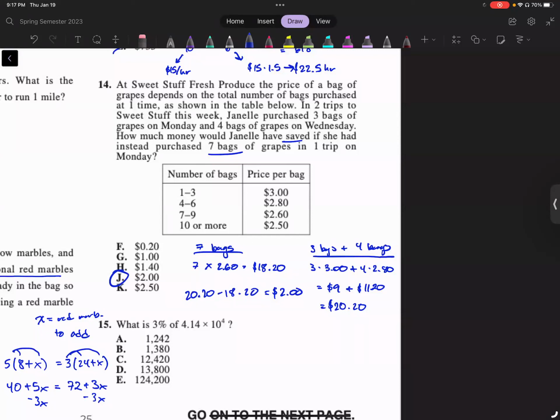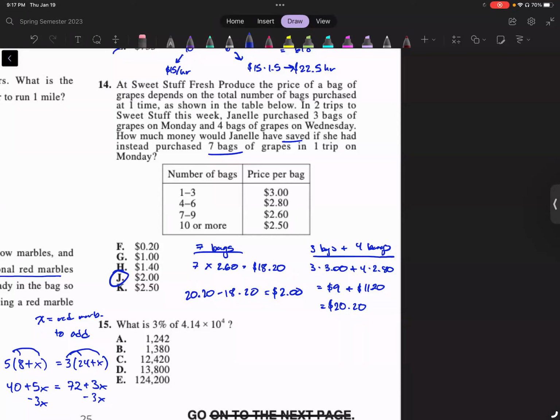That's just instinctual. If you want to do it the mathematical way, cross multiply. Make sure you notice that there are parentheses you need to add. So 5 times (8 plus X) is equal to 3 times (24 plus X). Distribute: 5 times 8, 5 times X, 3 times 24, 3 times X. Here you get 40 plus 5X is equal to 72 plus 3X.